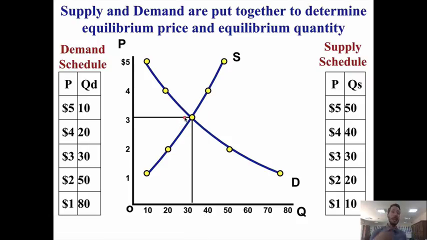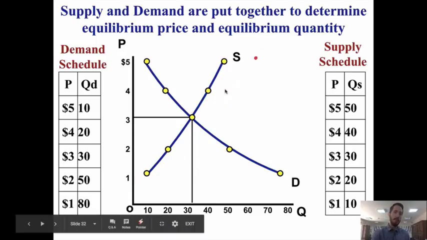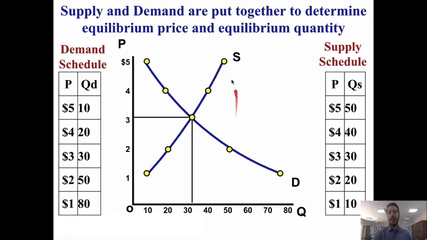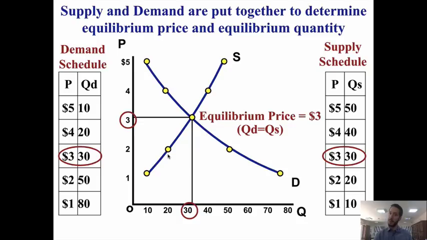You don't want to have a shortage for producers, and you don't want to have excess demand where the demand is high but the supply is low. You want to have a situation where everyone who wants to buy cereal can buy the cereal that they want, and that's how the price is determined. So, there's the equilibrium price.